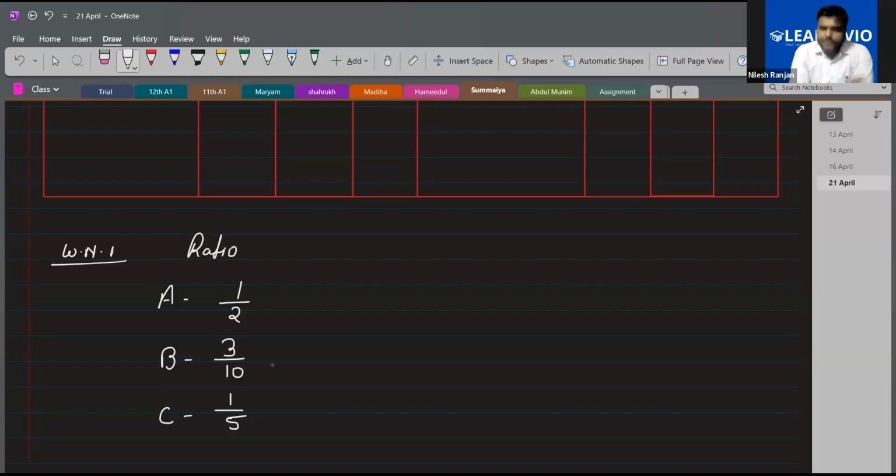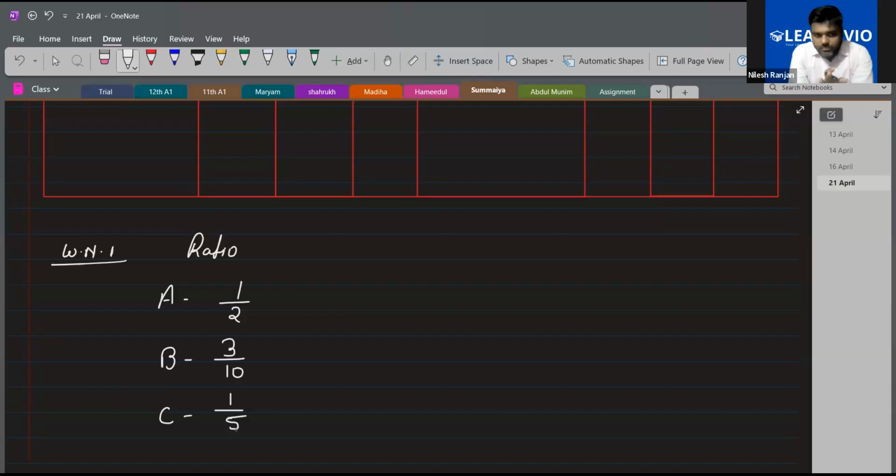The first thing in this type of situation is you have to see which one is the higher denominator. It is 10, okay? In all three, the highest denominator is 10. And A's denominator is 2, C's denominator is 5. Now, if you can make it the same, then you can convert it into the ratio.